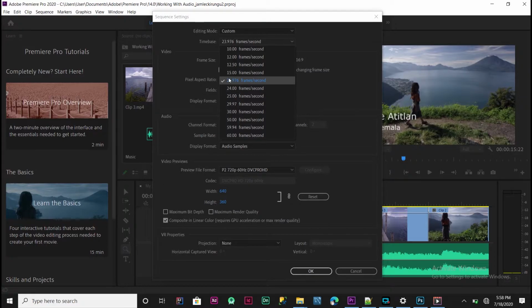sports content like football is usually broadcast using 30 frames per second, and 60 frames per second is usually used when you want to slow down your video. By slowing down, I mean when you want your video to move in a slow motion way.